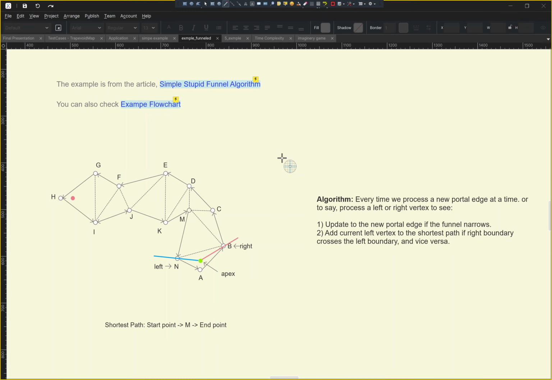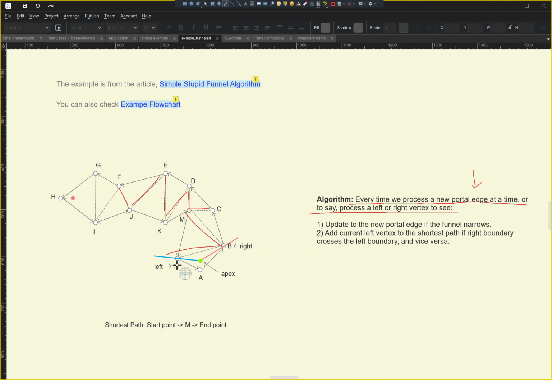Before getting into the example, let's briefly introduce the pseudocode of the funnel algorithm. It's very easy. Every time we process a new portal edge at a time, or to say, process a left or right vertex. So what is a portal edge? As you can see, these dashed lines, or internal diagonals, are portal edges.